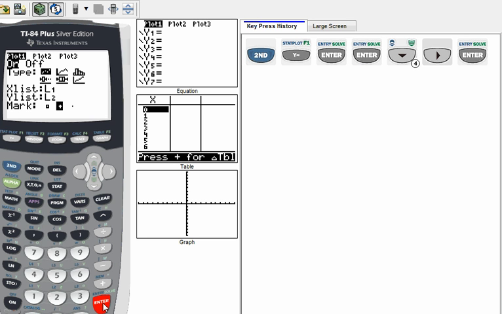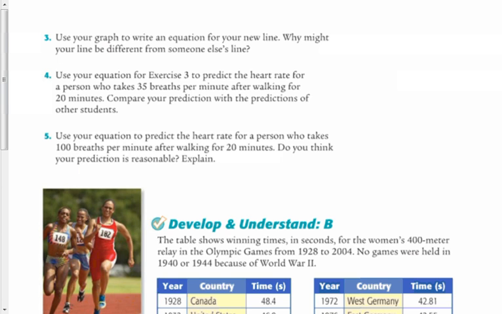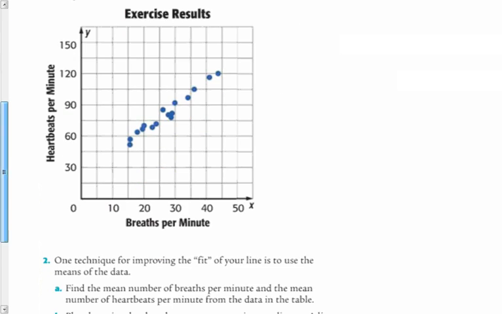So to make it look exactly like the one in your paper, I need to change my x-axis to go from 0 to actually 55, and then the scale will be every 5. My y-axis should go from 0 to 165 by 15ths. Okay, so just to get my calculator to look exactly like that.